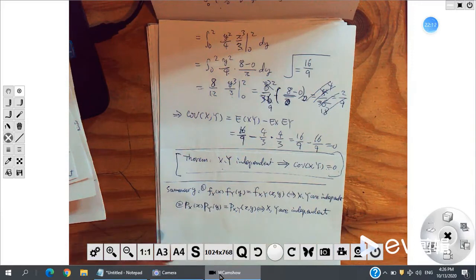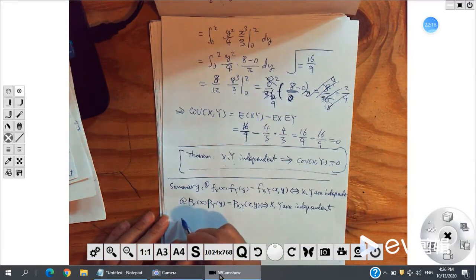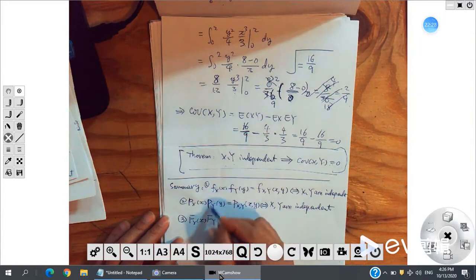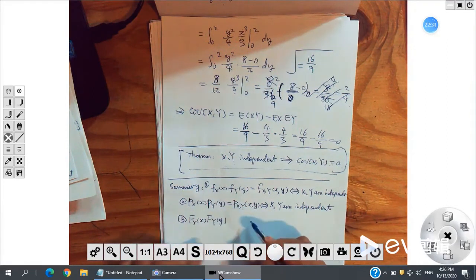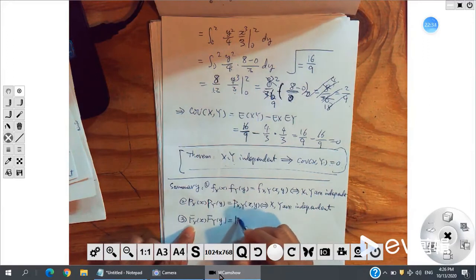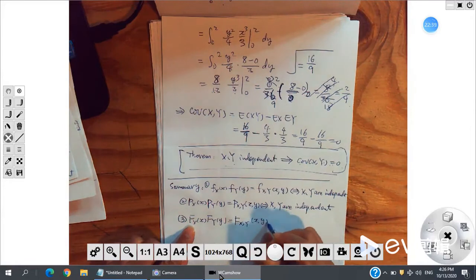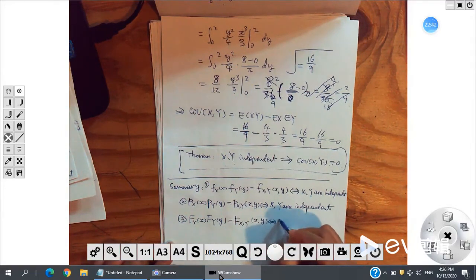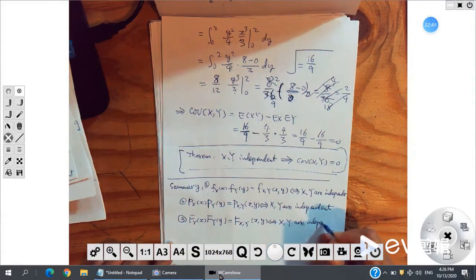And actually, we have one more. I didn't give that in the example, but it is not difficult. It looks similar to that. The third one, we have the CDF of x and the CDF of y. Actually, all of these are marginal distributions. Right? Marginal distributions. If we multiply these two and it equals the joint CDF of both x and y, then x and y are independent. Yes, we have these three.